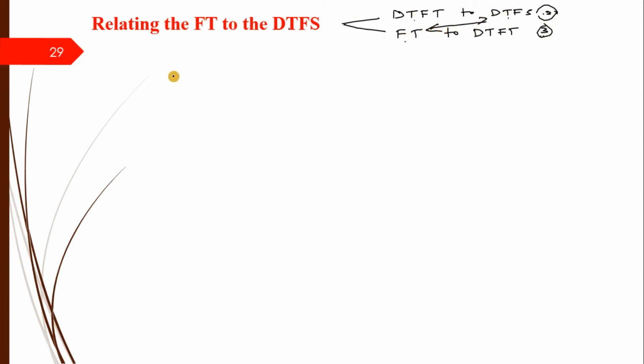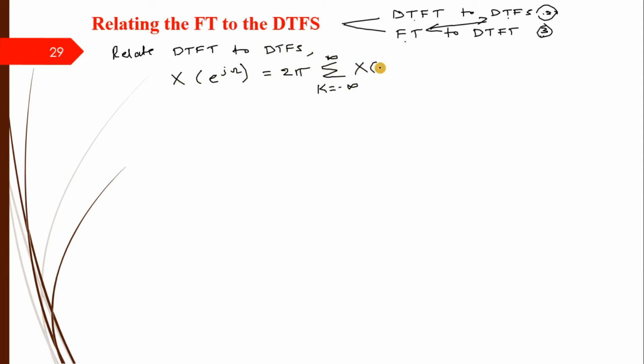Okay. So first thing, step one, relate DTFT to DTFS. Capital X e raised to j omega is equal to 2 pi summation k is equal to minus infinity till plus infinity capital X of k delta of omega minus k omega naught.